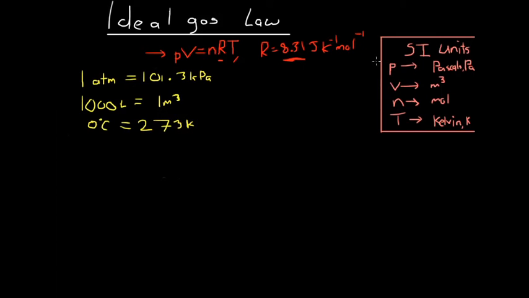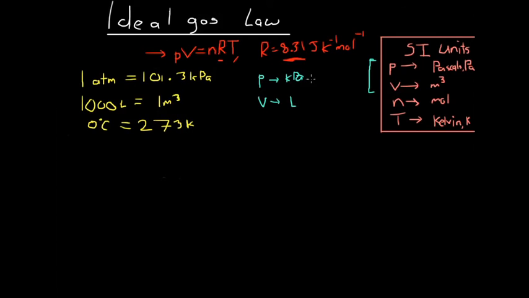Okay, here we've said that the units of pressure are supposed to be pascals, and the units of volume are supposed to be meters cubed, okay? Now, having said this, as long as we change both pressure and volume, we can use pressure in kilopascals, and we can use volume in liters, okay?